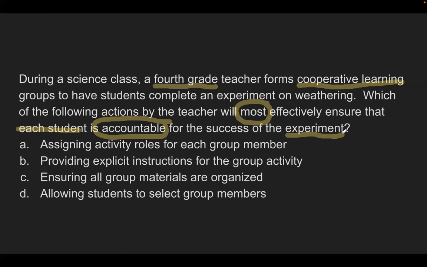Let's see. Whenever you are answering these questions, you are never, I repeat, never to just read them and choose the right answer. I want for you always to read them and look for answers you know for sure are not right and eliminate those. And then utilize your analysis of keywords and phrases, what we identified as the goal, which was the best way to hold these kids accountable or to make sure they're held accountable for the completion of the assignment, the experiment.